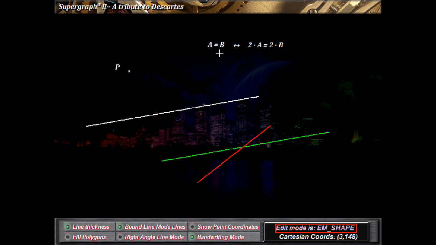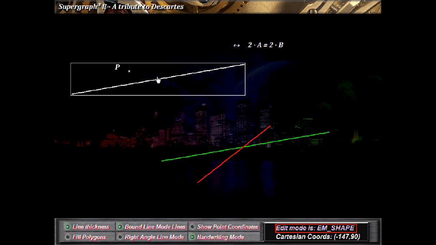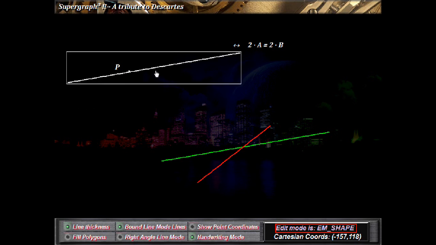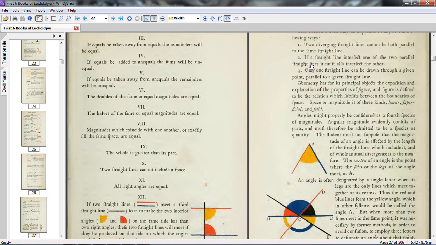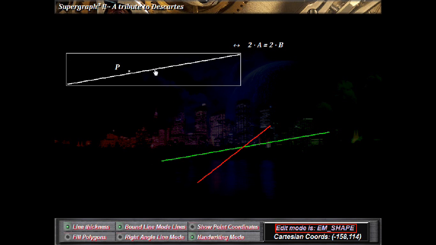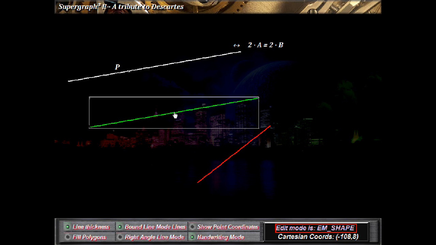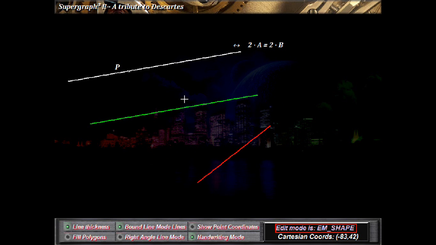Okay, get rid of these. Oh, sorry, the line doesn't have to pass through P. It's through a given point and parallel. The axiom says that only one straight line can be drawn through this point and be parallel to another given straight line. Here's the second given straight line.